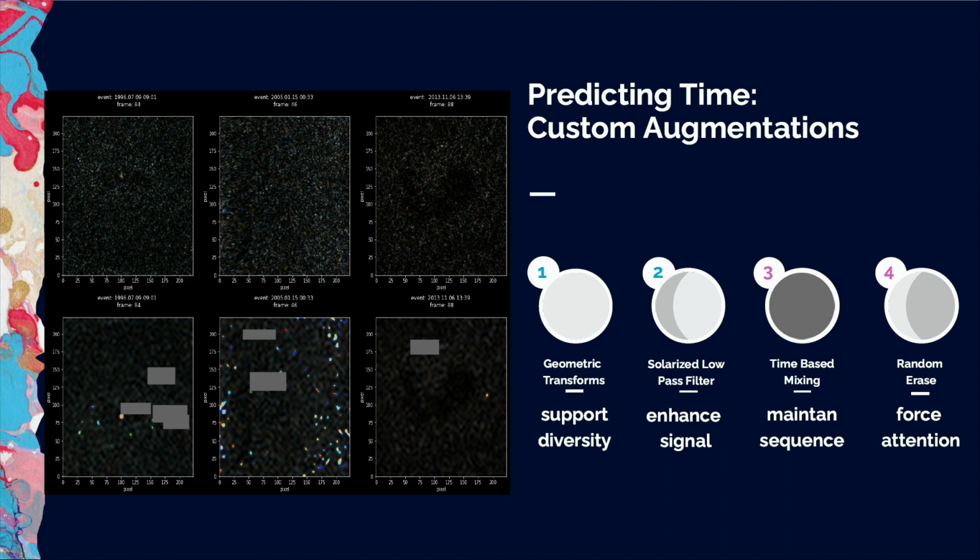Secondly, we use this time-based mixing transform. As I was saying, Sunquakes do need to last for 8 minutes. So we need to enforce sequence information to our models. We have not used LSTMs. So what we did, we introduced this type of transform where instead of feeding our model with one image at a time, we fed it with 3 consecutive images mixed into one.